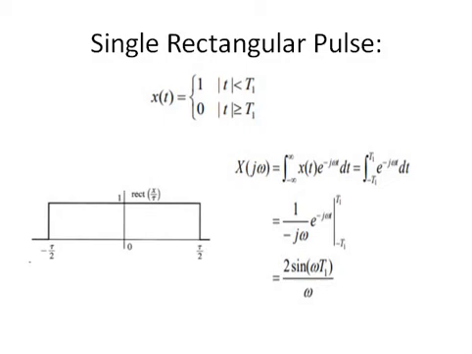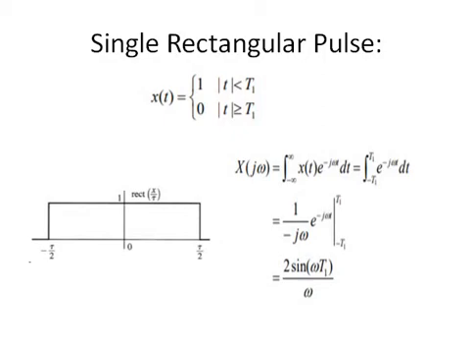The next standard signal is the rectangular signal. As you know, it is defined for the mod of t less than or equal to t1. Here I have taken t1 as t by 2.